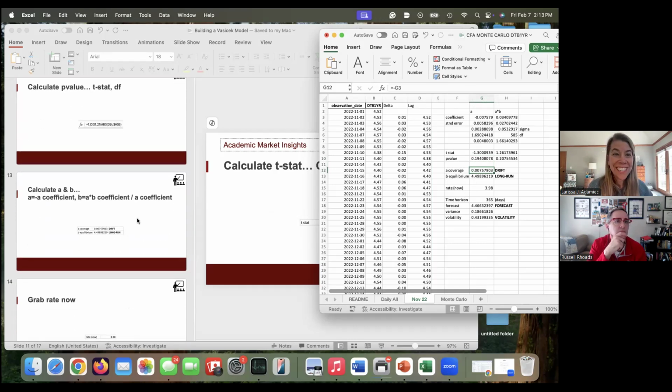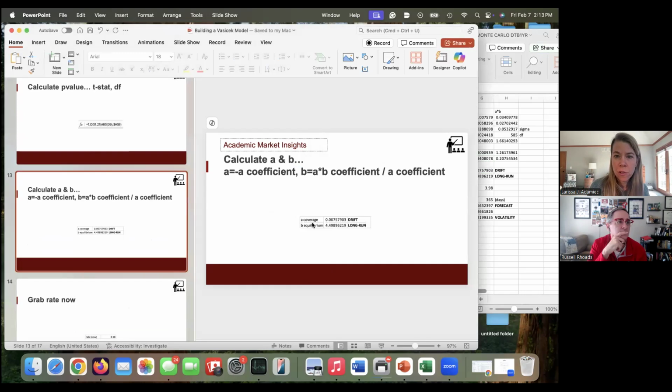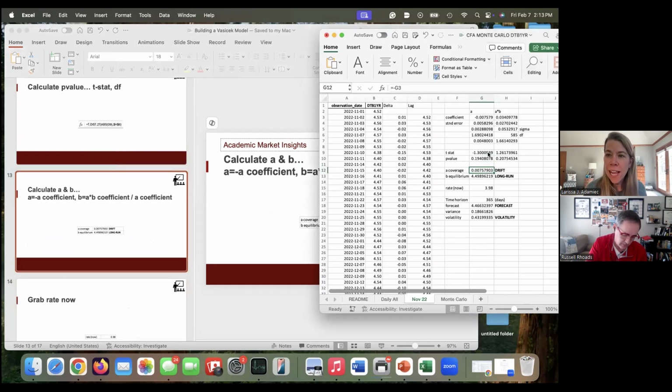Now here's where it gets interesting. Let's look at our A coverage. We need to do our drift and our long run coefficients. So our A coverage is going to be negative our coefficient, and our B equilibrium is A times B divided by our A coverage.